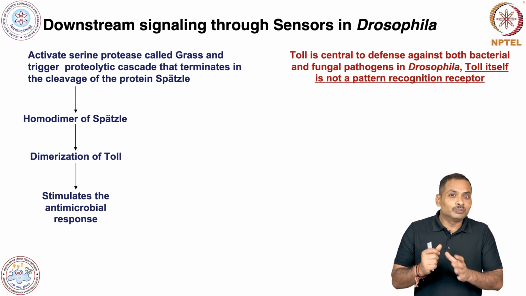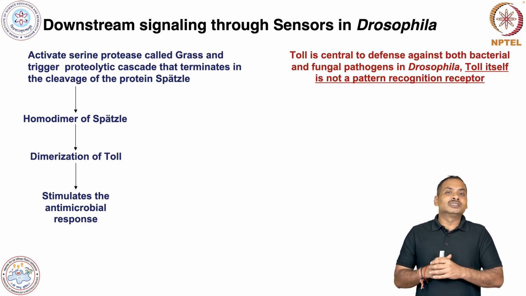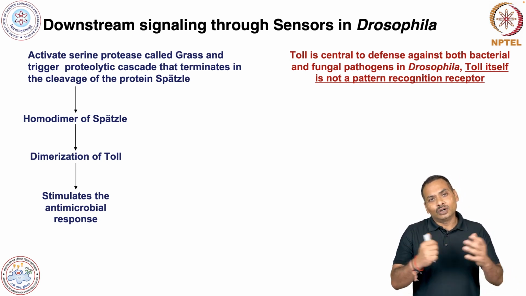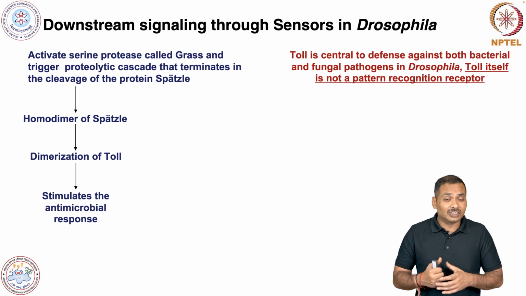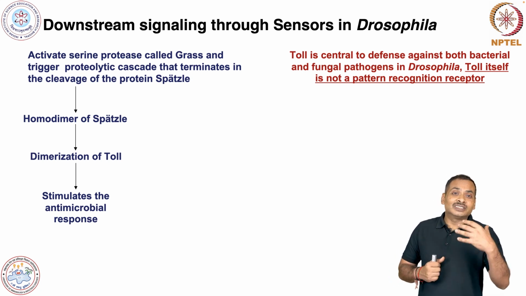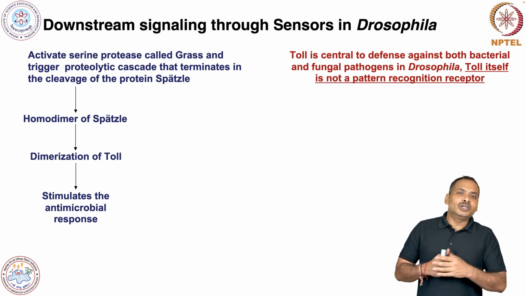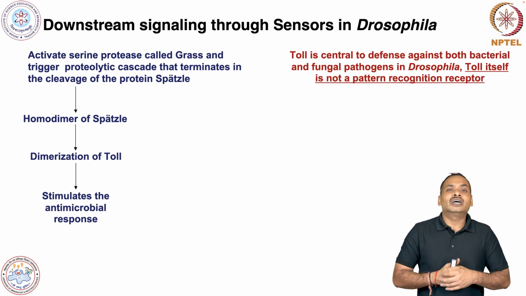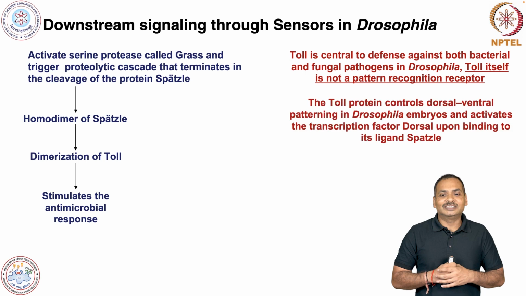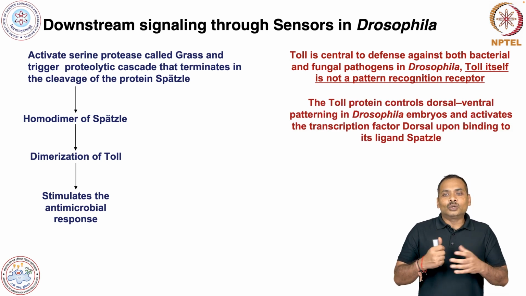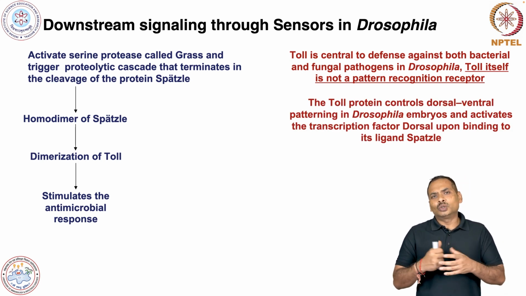This is a very important note. Please remember, Toll is playing an important role in defense in case of all kinds of microbial pathogens in Drosophila, but it is not the sensor. Sensors are, as you have seen, several molecules or families of molecules that play an important role in sensing. Toll is basically a controller.